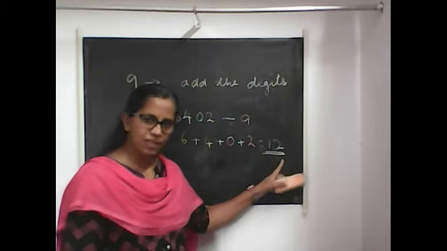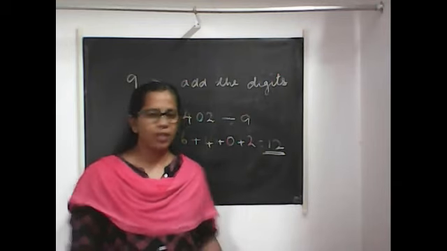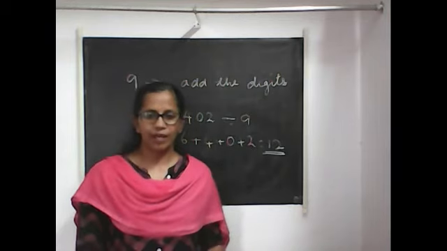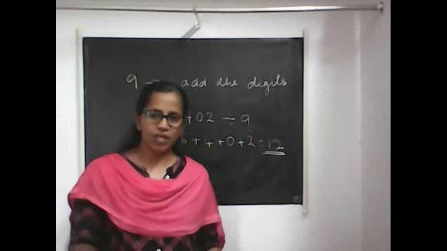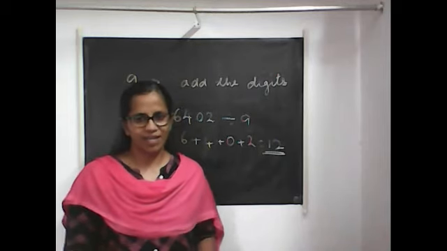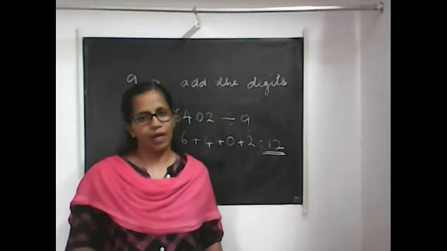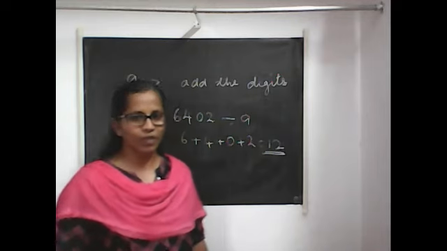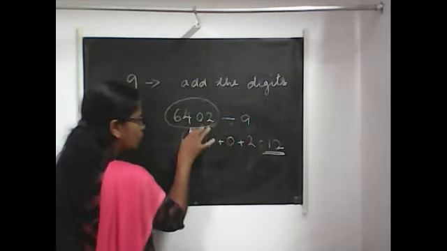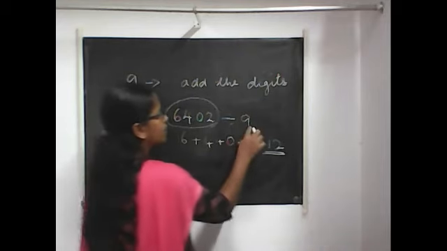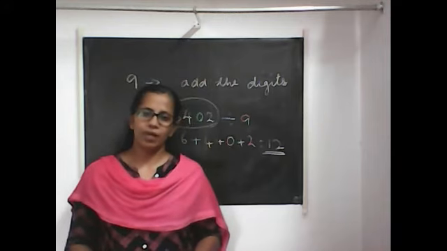We have to check in 9's table whether 12 is there. 9 1s are 9, 9 2s are 18, 9 3s are 27. That means 12 is not there in 9's table, so 12 cannot be exactly divided by 9. So we can conclude that 6402 will not be exactly divisible by 9.